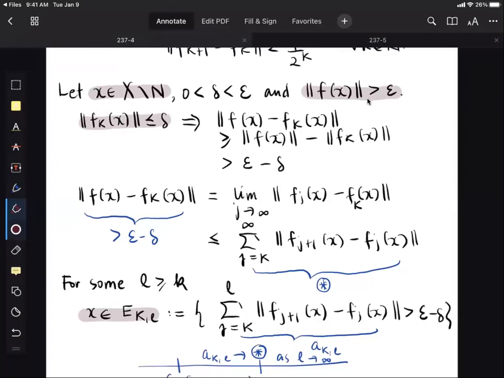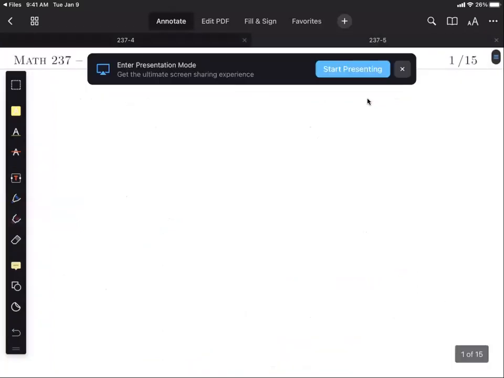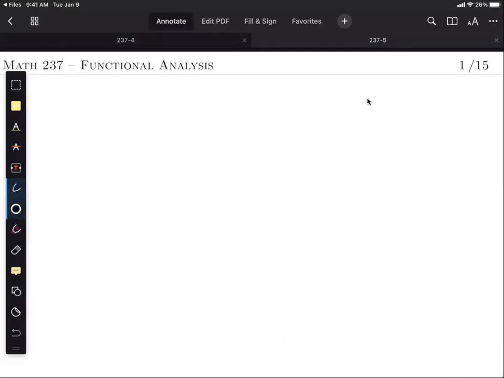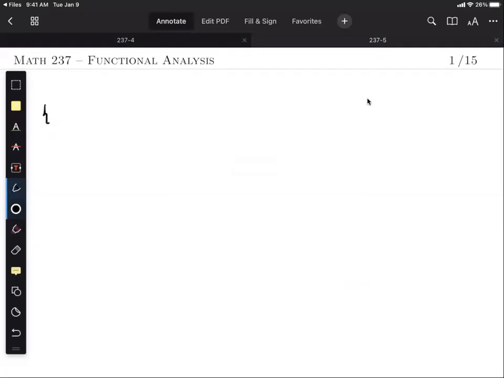So combining all of this, we could say that the set where the norm of f is greater than epsilon, well, it is possible that it is in N. It is possible also that it is in the set where the norm of f sub k is greater than delta.